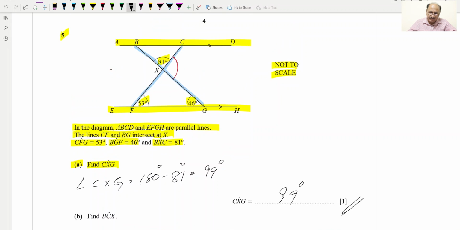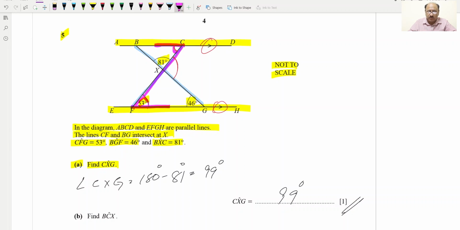Then find BCX. BCX is basically this angle which we need to find, and these two lines are parallel, so this will be a Z. We can consider this one as Z, and this angle will be equal to this one, which is 53.